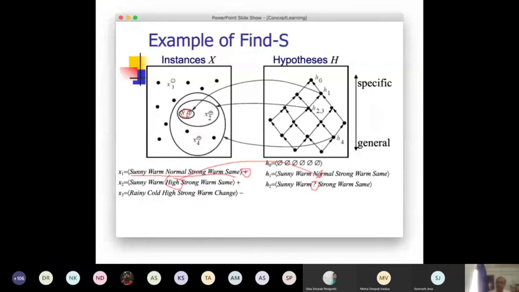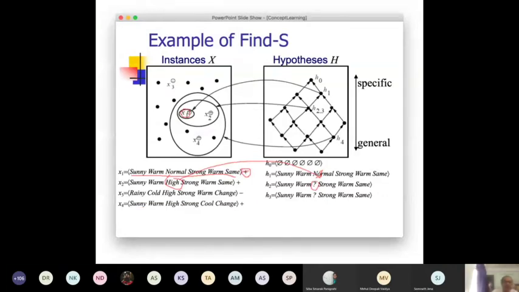If you find that it is also satisfying, then naturally, as a negative example, you need to do something. That's why H3 remains the same as H2.